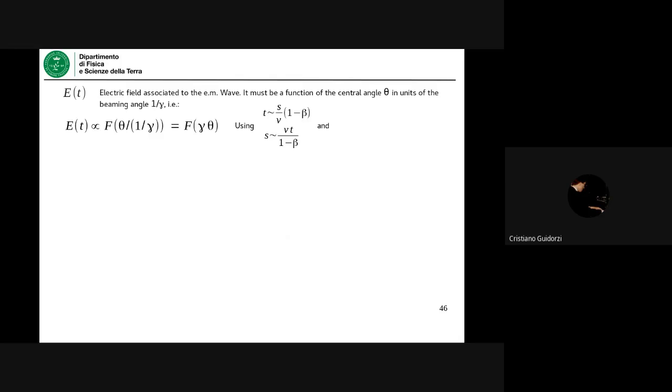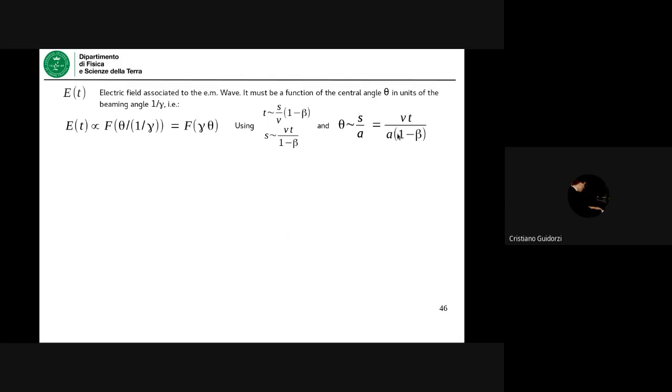You can express S as a function of time by bringing all this stuff to the other side. You also remember that the central angle subtended by the arc S is just S over A, where A is the curvature radius, I remind you. So by replacing S by V t over beta, this is just the angle.